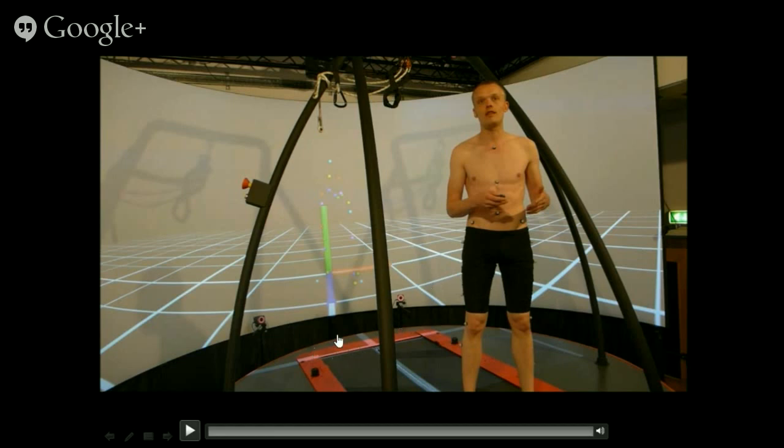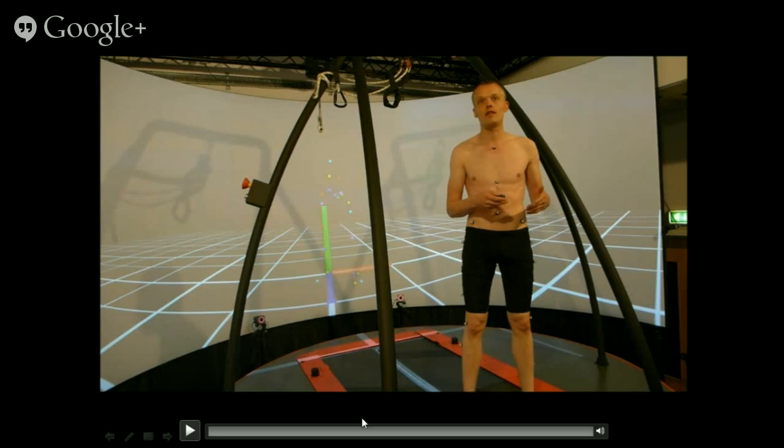The subject stands on a moving platform which has 6 degrees of freedom, and on that is mounted a dual belt treadmill with 6 degrees of force measurement of forces and moments, force plates underneath the belts.